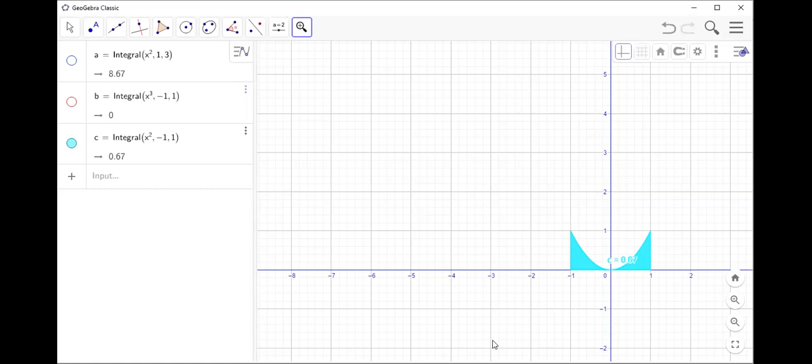In my previous video also, I have explained the geometrical meaning of definite integral and also the two fundamental theorems of integral calculus. Here you can visualize how it looks. So it is sure that while evaluating a definite integral, we get the area of the region bounded by the curve.